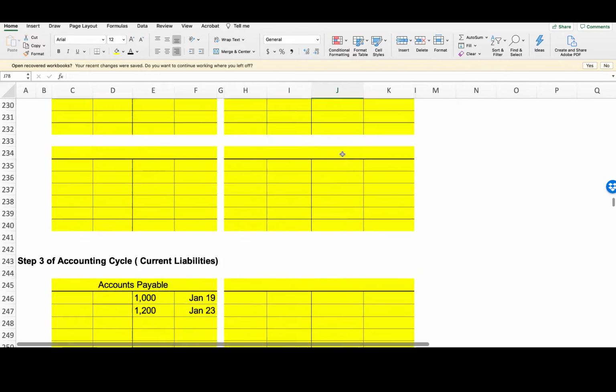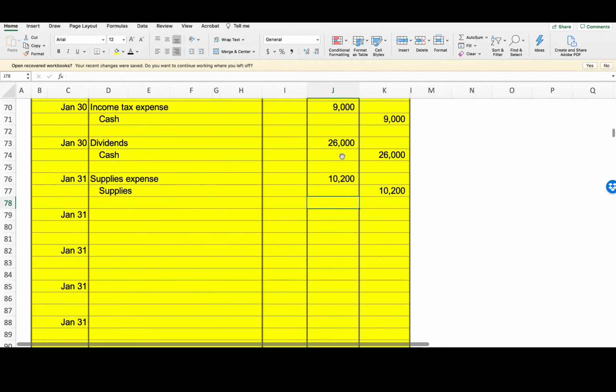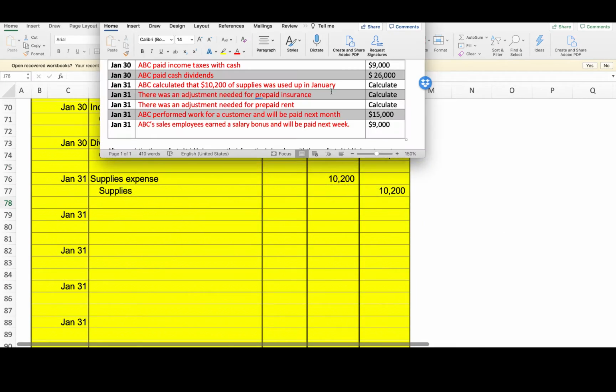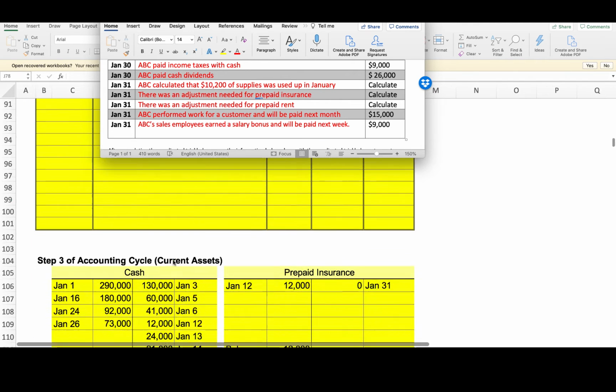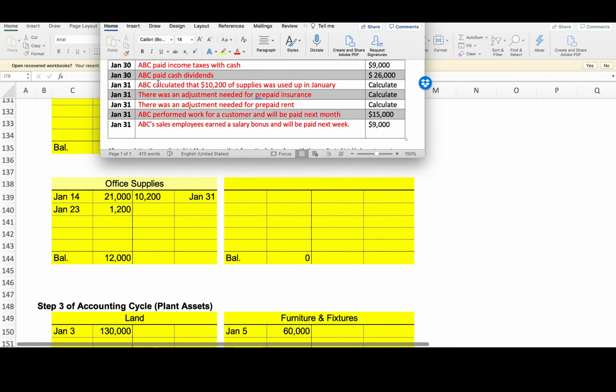Now I could ask this a different way. Instead of saying to you that you used up 10,200 in supplies, I could say the balance in the supplies account is $12,000. So I could switch this and say ABC counted the supplies and there was $12,000 of supplies left. If I switch this and I put the balance, it's going to be the same entry.